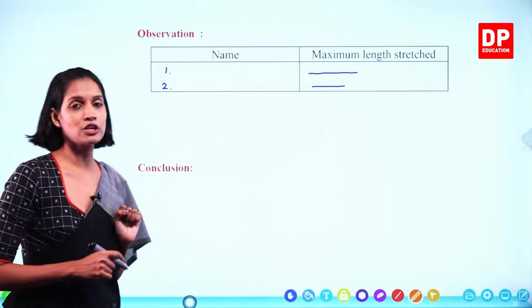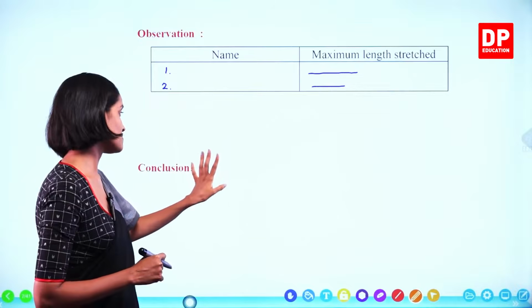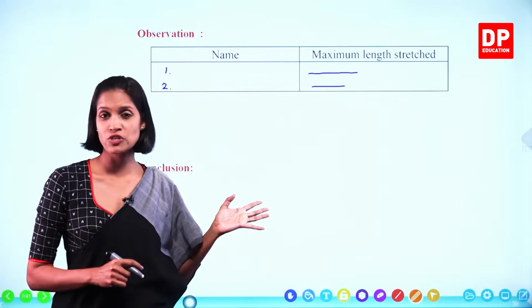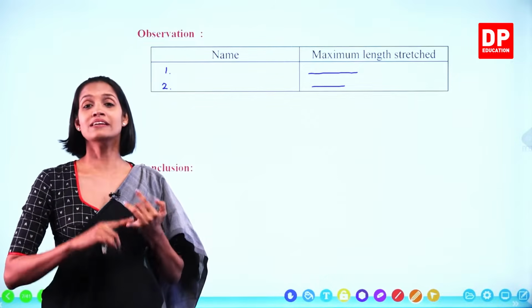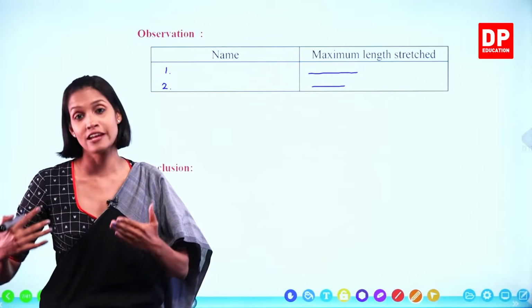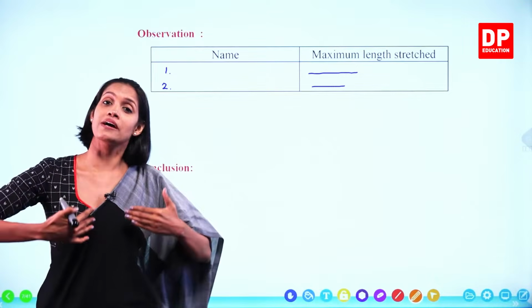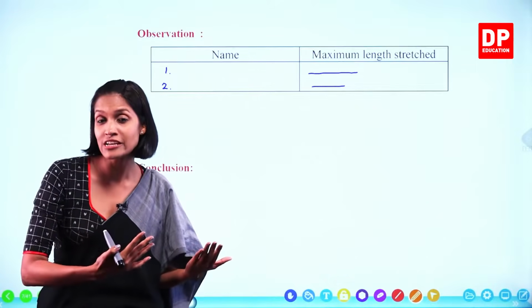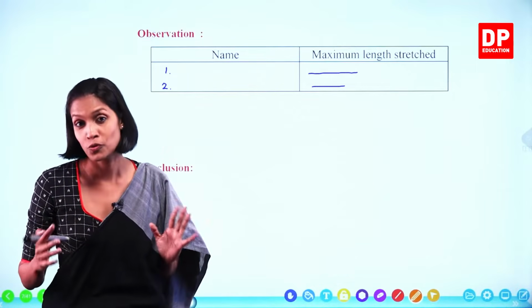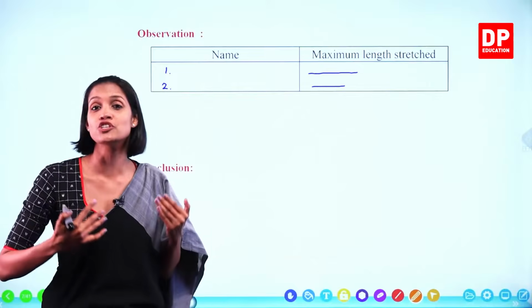So what is the conclusion? After doing this activity, we can write as the conclusion, different children can stretch it at different lengths. The one who applies more pressure or more energy can stretch it more. Okay, the stronger ones can stretch it more.